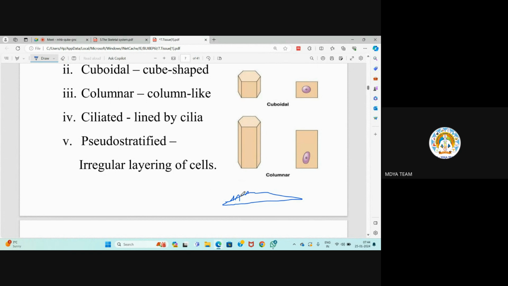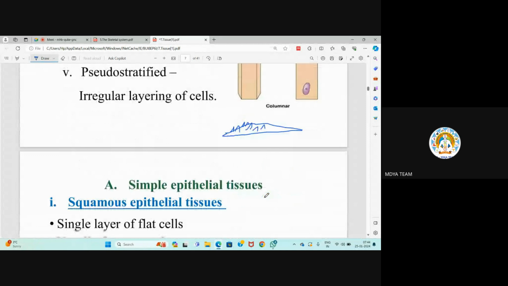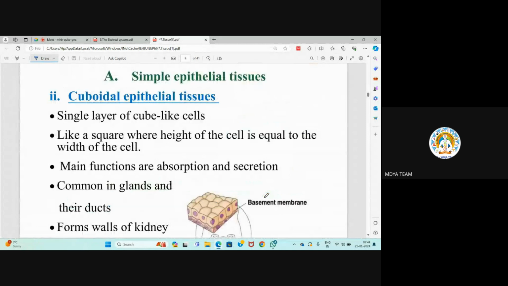Hundreds and thousands and crores of these finger-like projections are found in some parts of the body. You will see later in the pictures of slides. Let me go for that. I think it will be better.